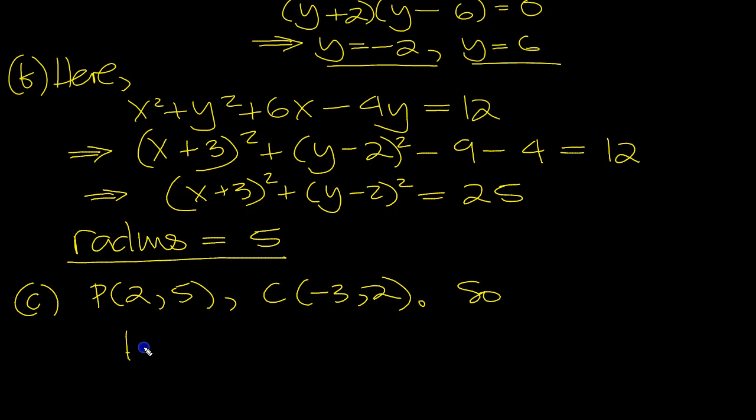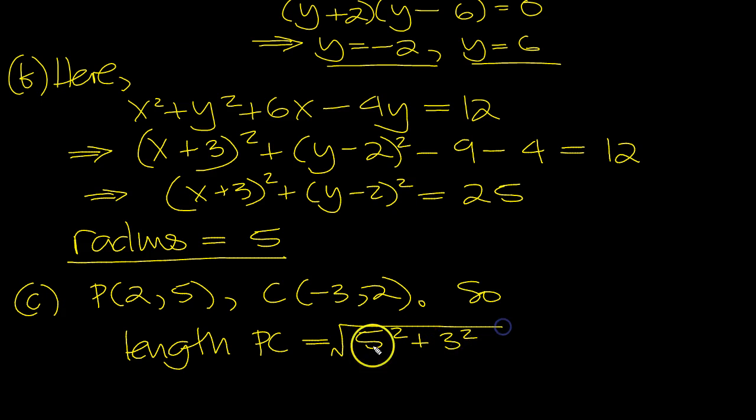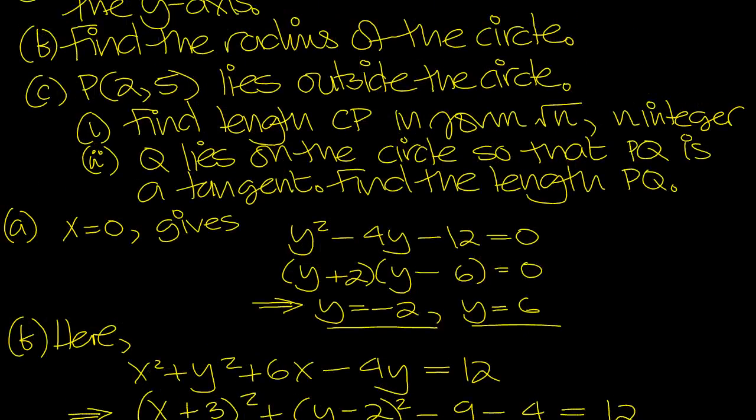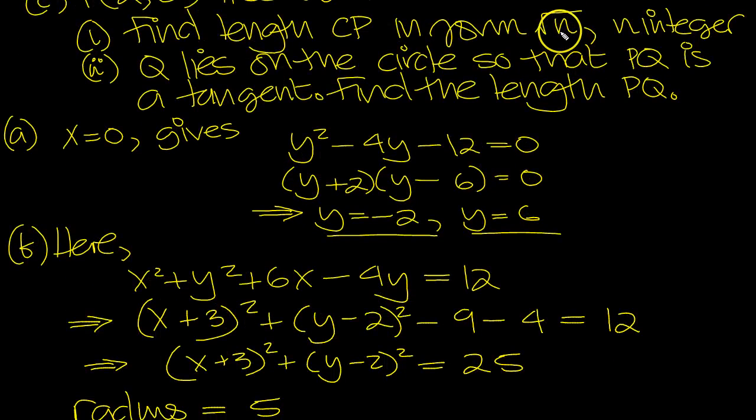So length PC then, use Pythag, is equal to, this difference is 2 to minus 3 is 5, so 5 squared. 5 to 2 is a difference of 3, so that would be 3 squared. And use Pythag, sum of the sides squared, square rooted. 25 plus 9 is 34. Square root 34. And I think that's the form it wanted it in. Yeah, square root 34. So that was part 1.